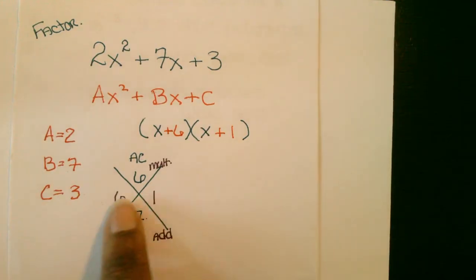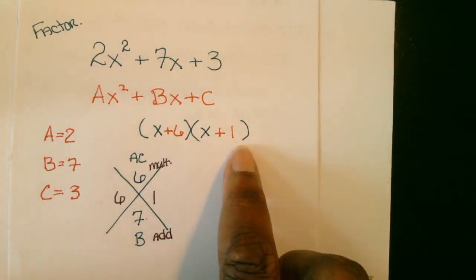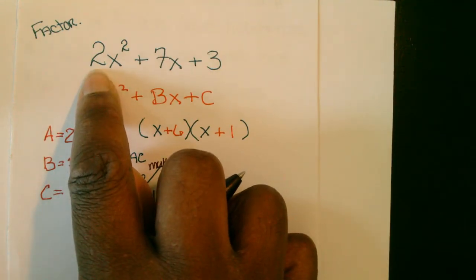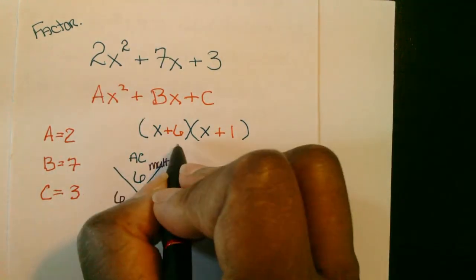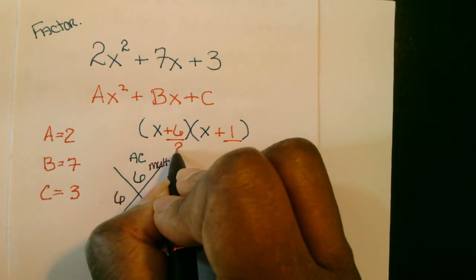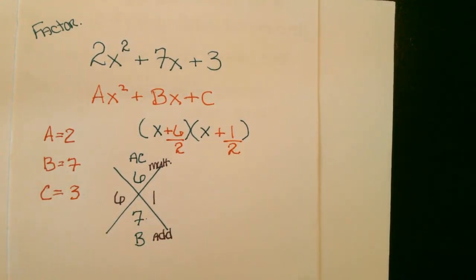It doesn't matter which one goes where. You could put plus 1 here or plus 6 here. But since my leading coefficient, my A, is a 2, I need to divide those two numbers by 2. This is called the divide and slide.